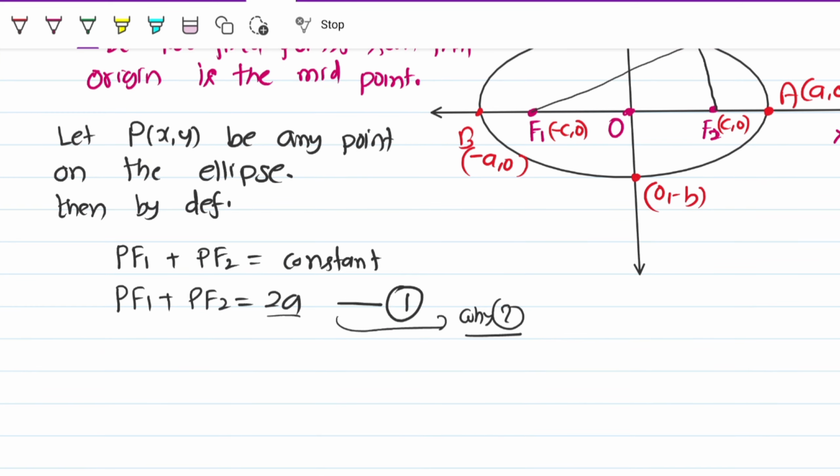Next we will apply the distance formula. The coordinates of P are x comma y, F1 is minus c comma 0, and F2 is c comma 0.